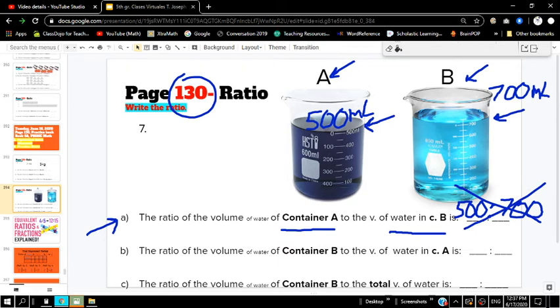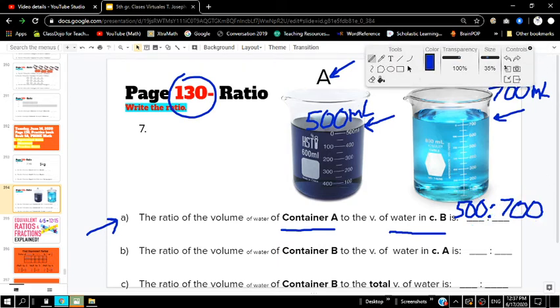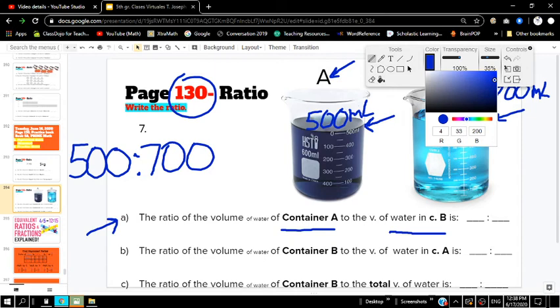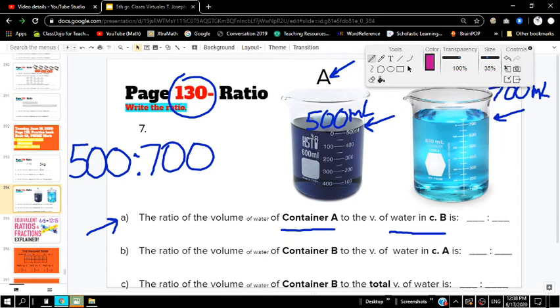Why? How come? Well, because we need to simplify just like the other problems. So how do we simplify 500 and 700? Well, if we look at our ratio 500 to 700, I know that we can divide both sides by one number to get a simplified ratio.